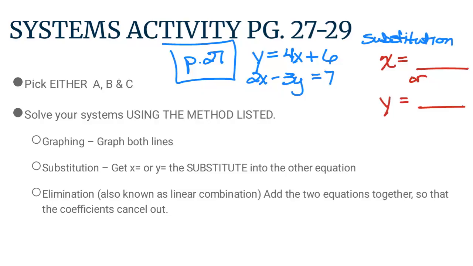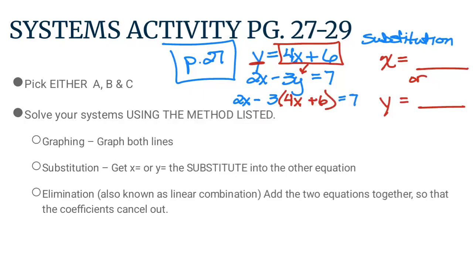So here I have y is equal to all of this. So I'm going to substitute all of that in place of my y in the second equation. So I get 2 times x minus 3 times my y value of 4x plus 6 equals 7.